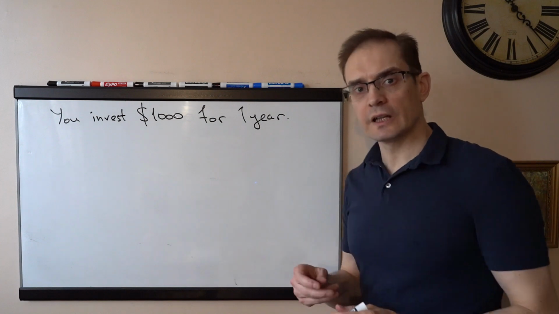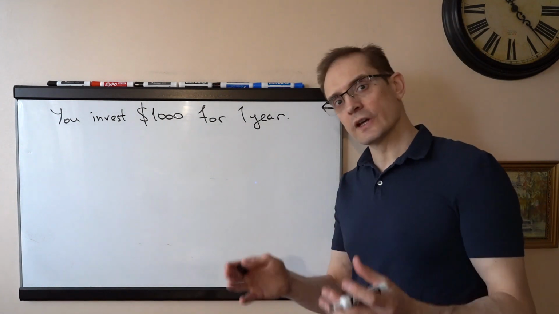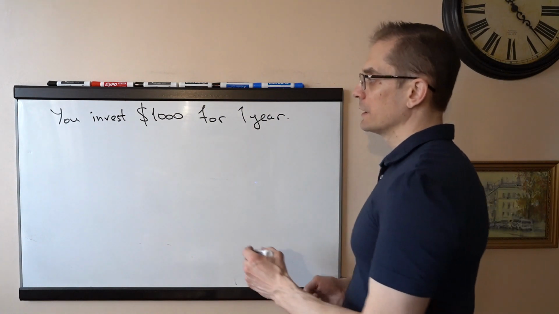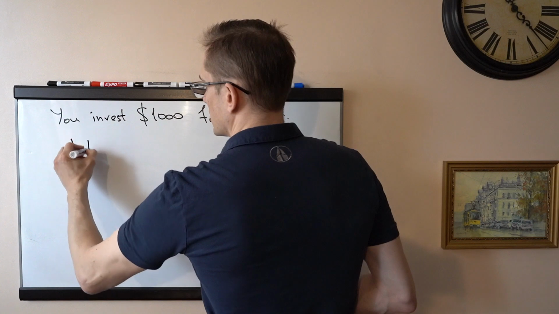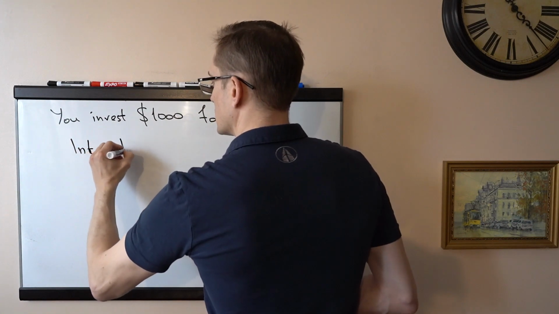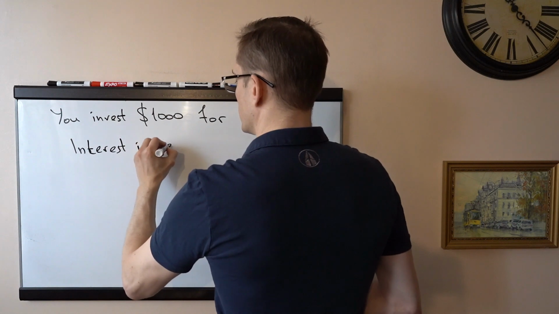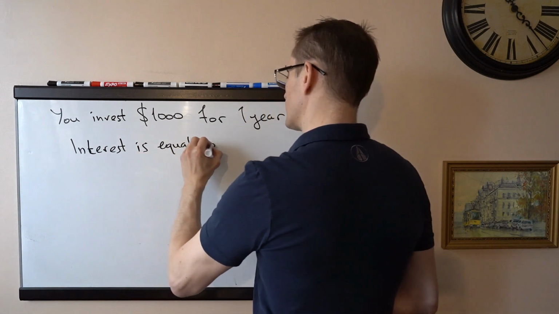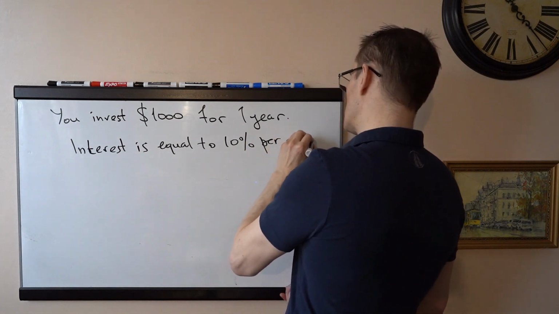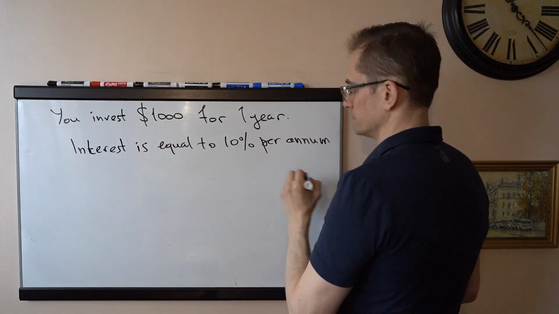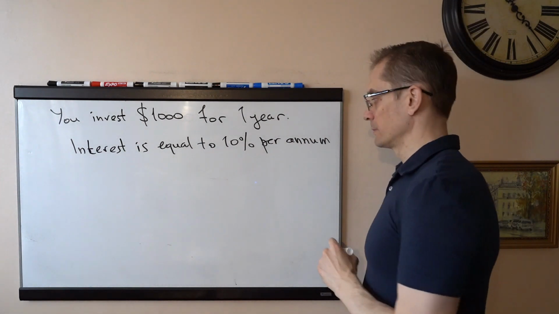As we already discussed, you're supposed to get some amount of money for being without your $1,000 for 1 year. Let's say interest is equal to 10% per annum.